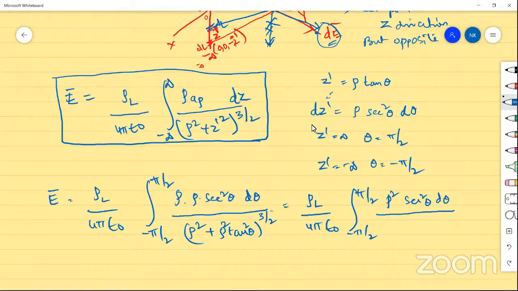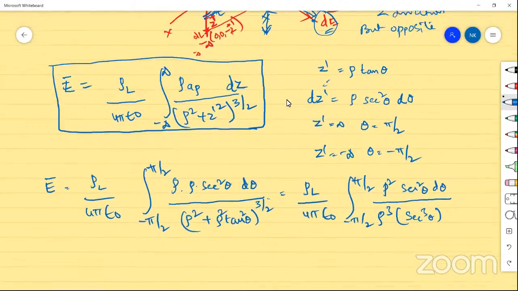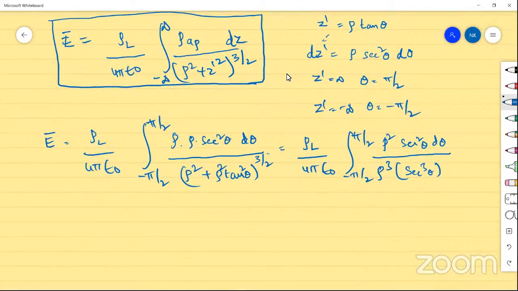So when you bring this all together, rho square whole power 3 by 2 is rho cube. 1 plus tan square theta is secant square theta, whole power 3 by 2, which becomes secant cube theta.